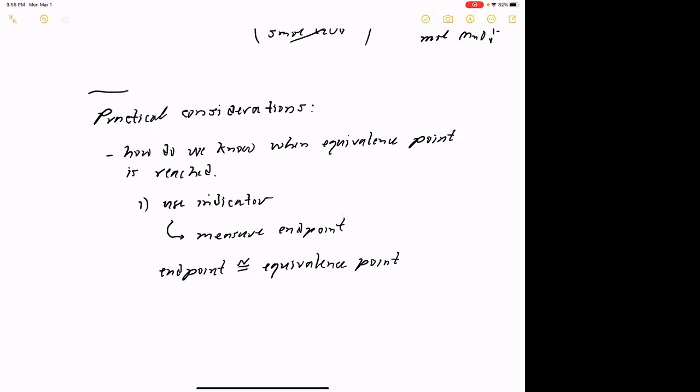So the endpoint is almost the same as the equivalence point, but not quite. In most cases, the endpoint is just a little bit beyond the equivalence point volume-wise. Okay, so we can just put that here. But for most analysis, it's good enough, okay?